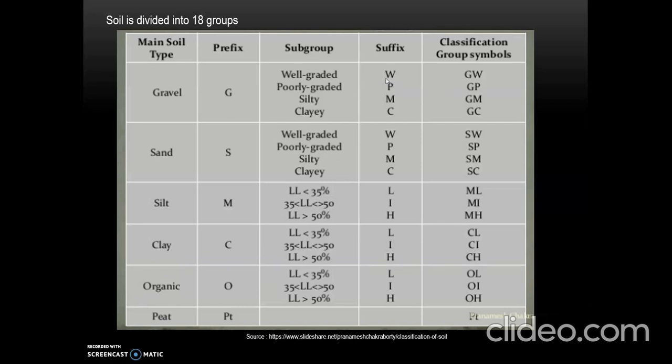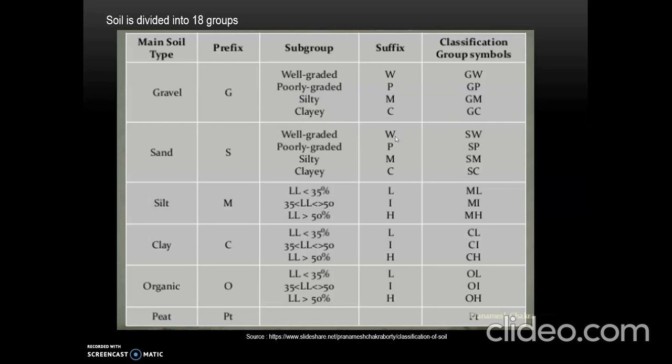Now we will check out the suffix for the soil types. W is the suffix used for well graded, P for poorly graded, M for silty and C for clay.